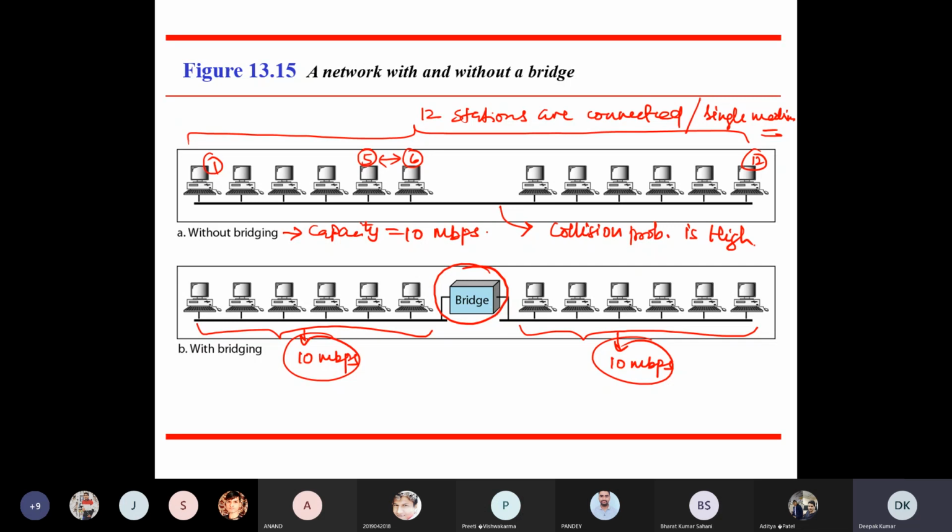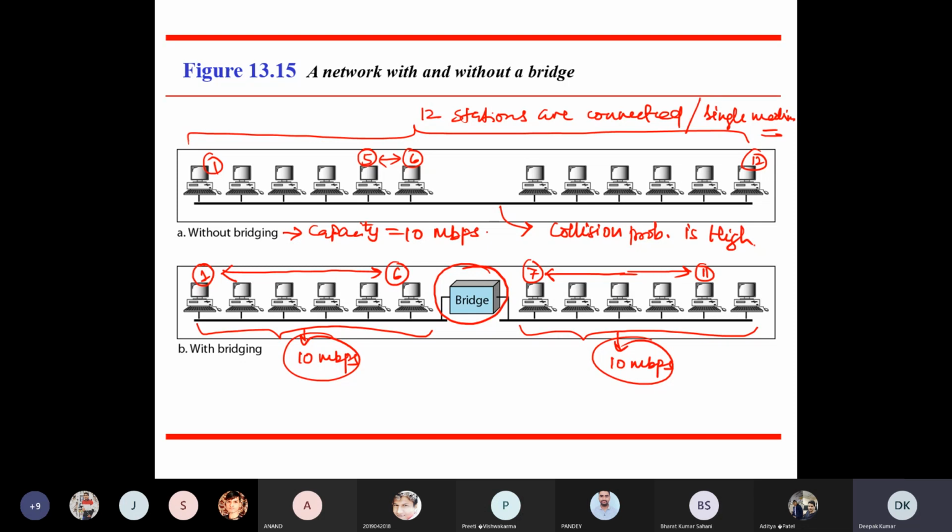In this scenario, when two stations in one group want to transmit, there is no collision with the signal transmitted by the 7th or any other, say the 11th. It is divided into two different networks connected with a bridge.